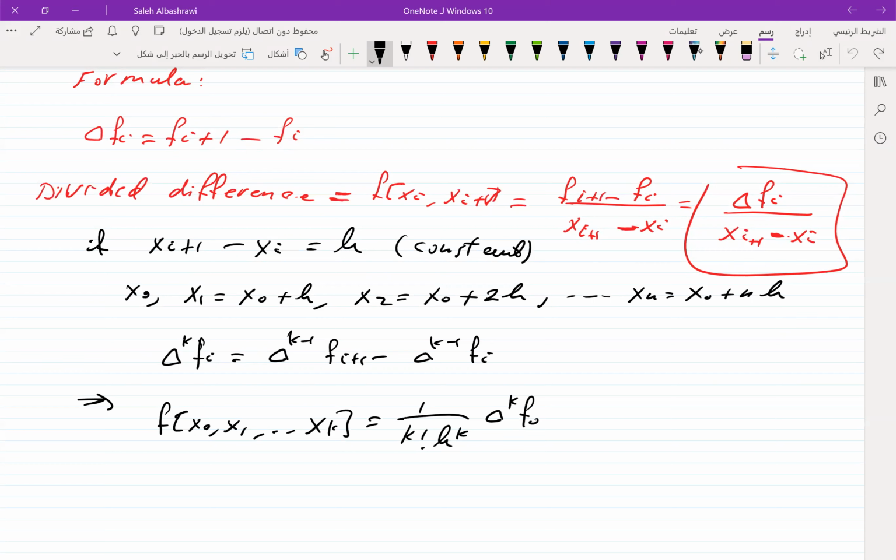So if we have an equally spaced partition, I can write the divided difference in this form.